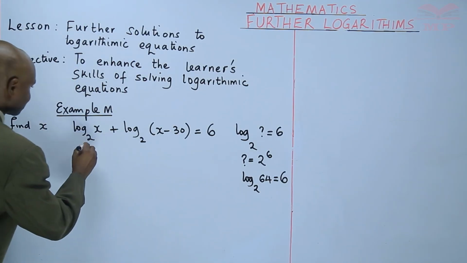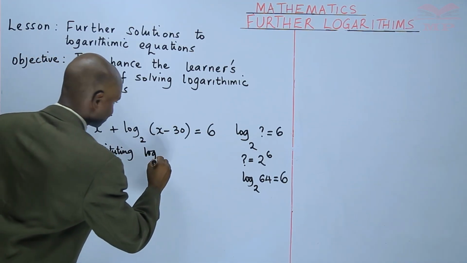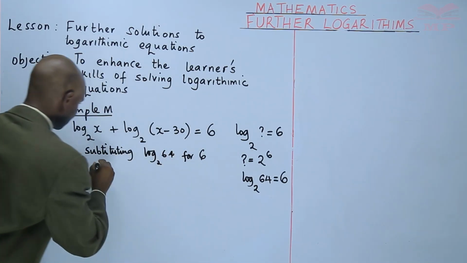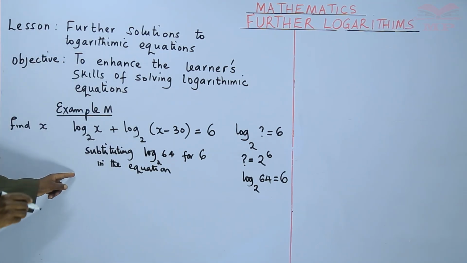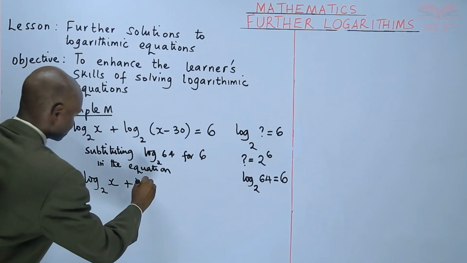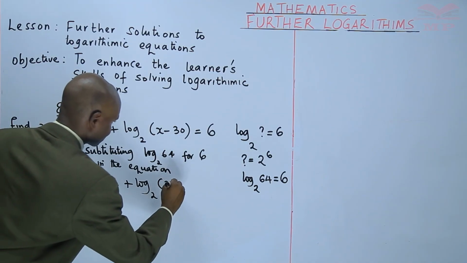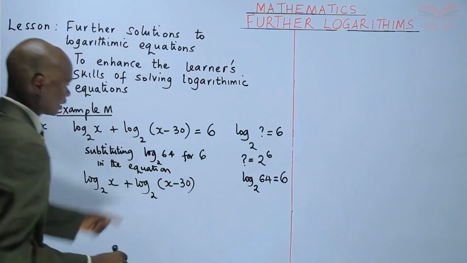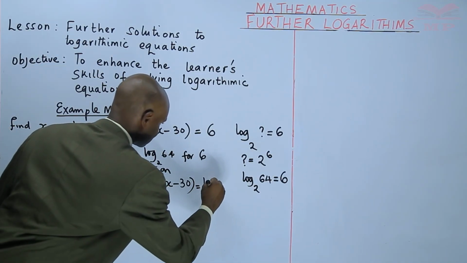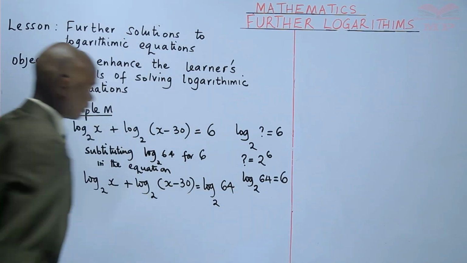So you'll substitute log base 2 of 64 for 6 in the equation. After substituting that, you'll have log base 2 x plus log base 2 of (x minus 30) should be equal to log base 2 of 64.